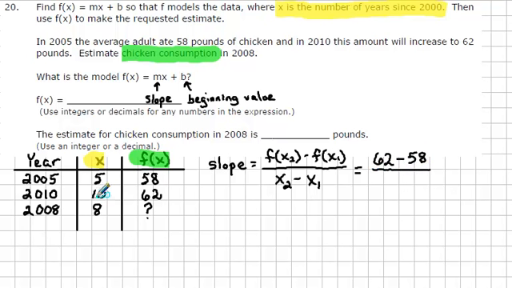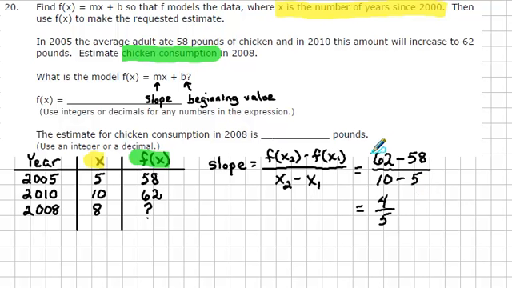And then x2 and x1 will be 10 and 5 respectively, so we'll divide by 10 minus 5. We'll go ahead and simplify this. 62 minus 58 is 4, and 10 minus 5 is 5. So we end up with 4/5.